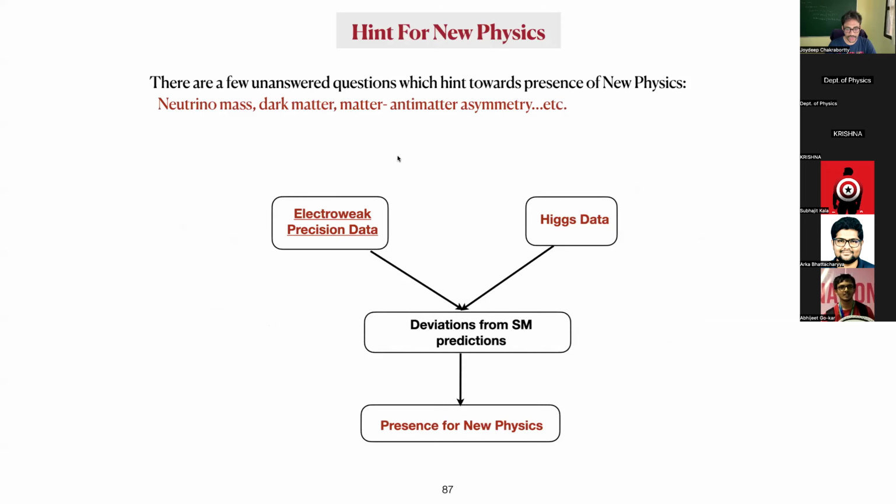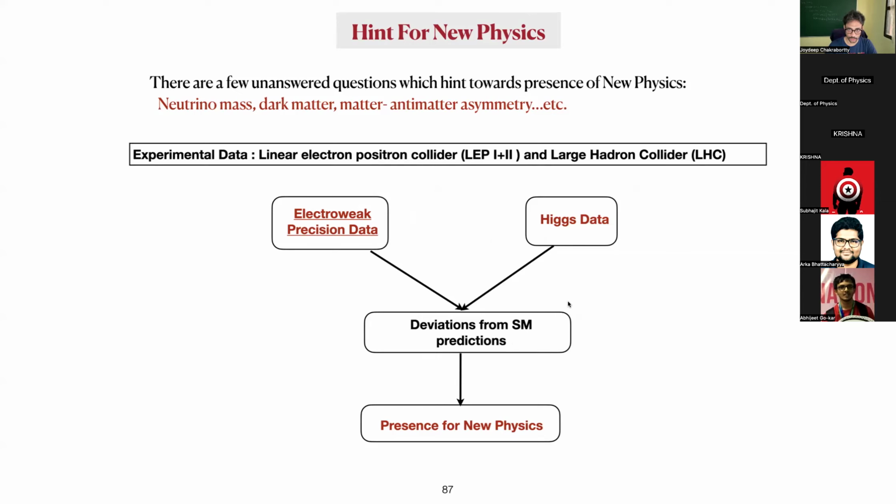So this is the idea of doing that. With the data, I'll be emphasizing more on positive data, I would say, which is not a null result: we have observed electroweak precision data and the Higgs data. We'll calculate the observables of the electroweak precision data and the Higgs data using the standard model effective field theory, and try to gauge what kind of new physics can be observed.